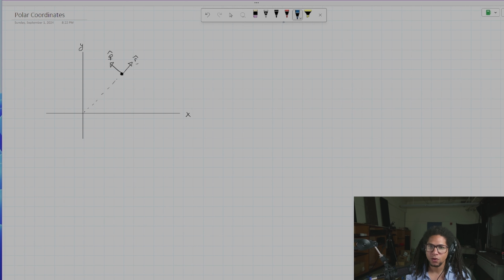However, what we can also do is draw in where the x hat vector, again the unit vector in the x direction, and the y hat vector would be.